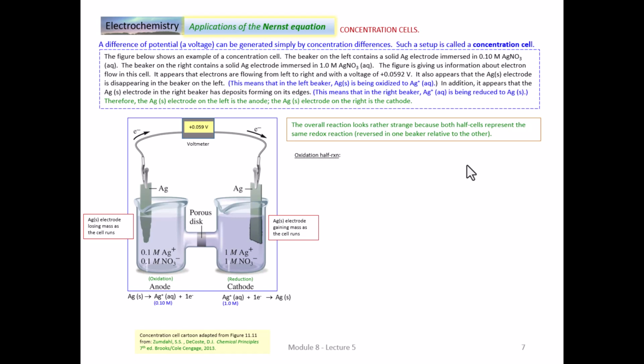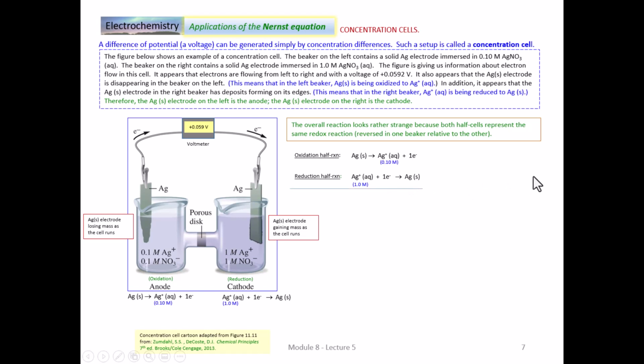The oxidation half reaction, as we wrote underneath the beaker on the left, is silver metal going to silver ion plus 1 electron, with the silver ion at 0.1 molar concentration. The reduction half reaction is silver ion at 1 molar concentration being reduced by 1 electron from the anode to form silver metal.